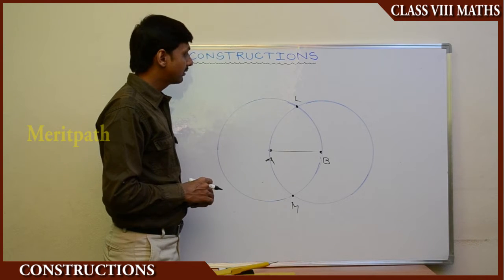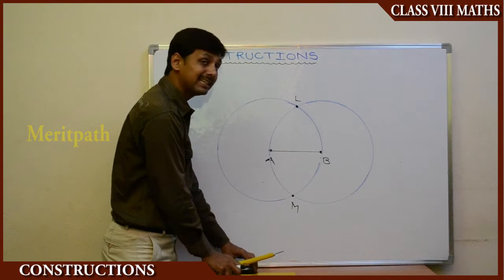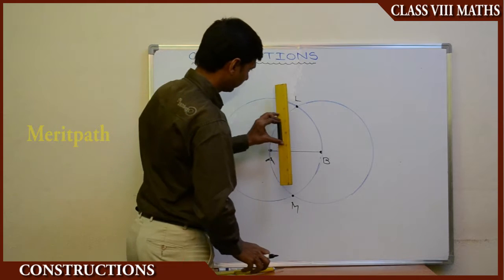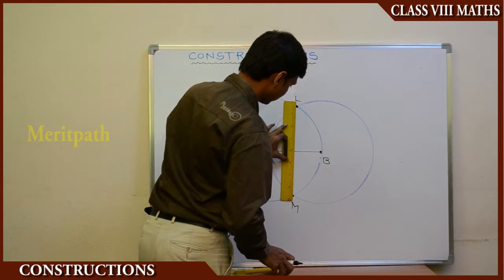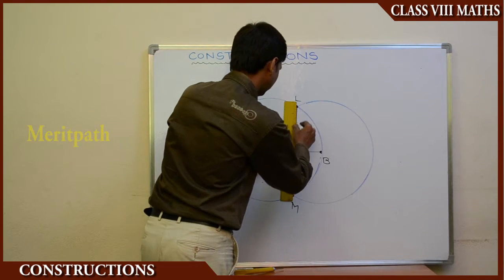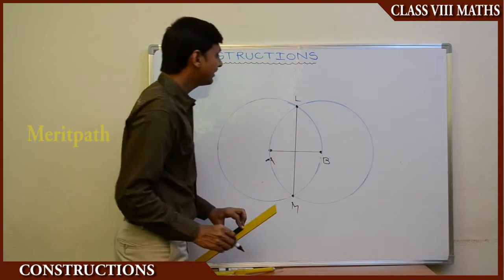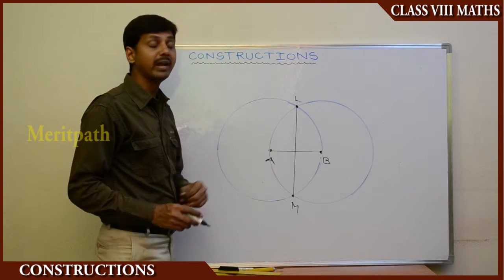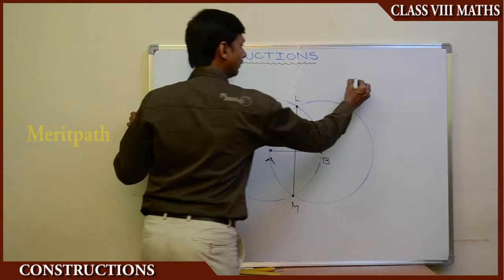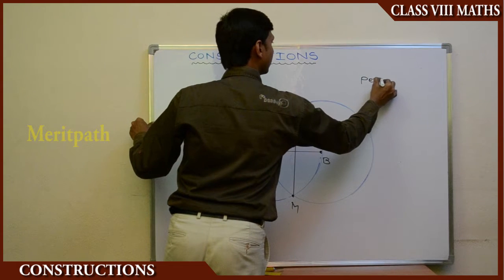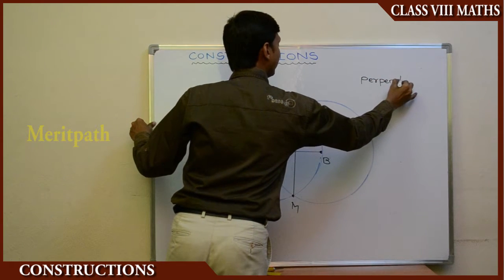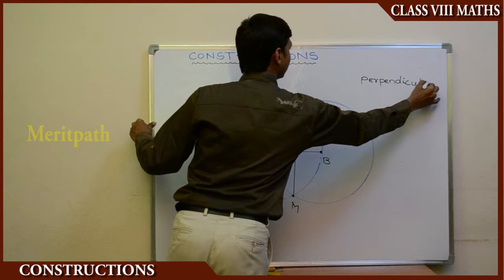So let's join these 2 points, L and M, with a ruler. Let's see whether LM is perpendicular to AB or not. Perpendicular means the line which makes 90 degrees with the other.